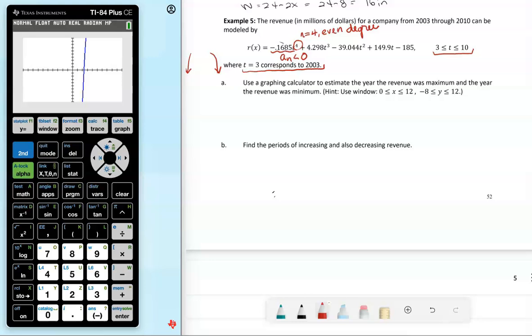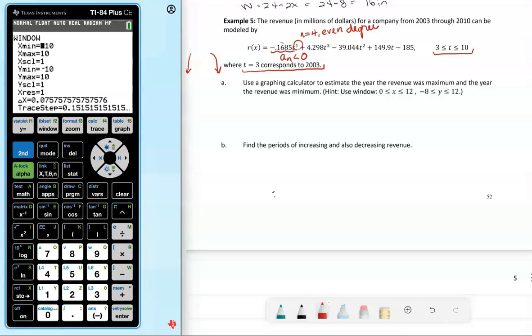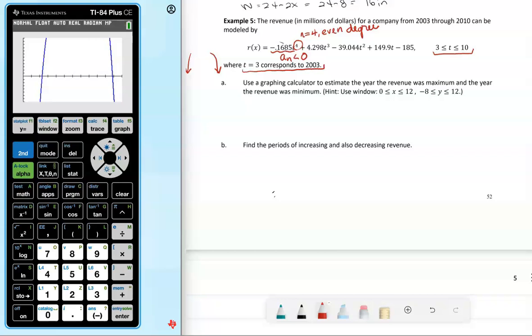So let me now go into window and try out this suggested window box. 0 to 12 for our x minimum and x maximum, and then negative 8 to 12 for our y minimum and y maximum. Hit graph, and that's still not exactly what I was expecting here.